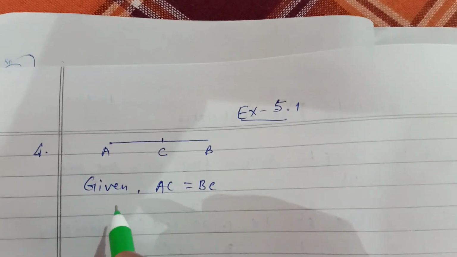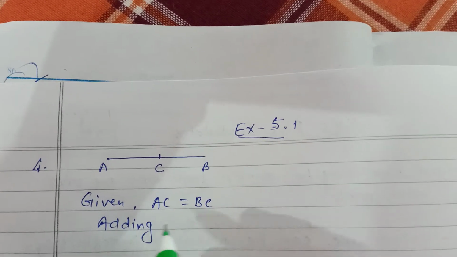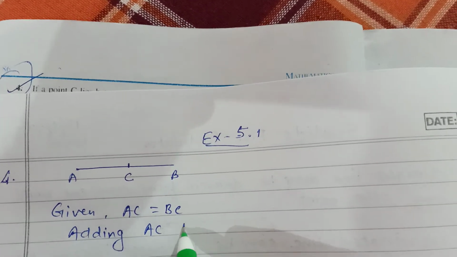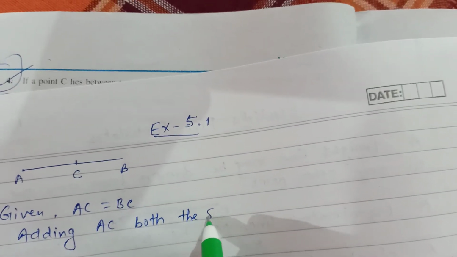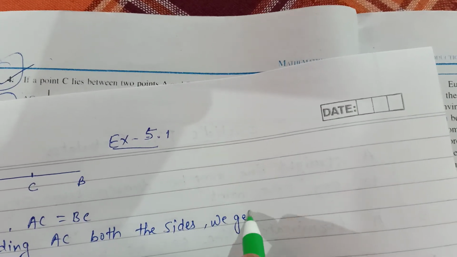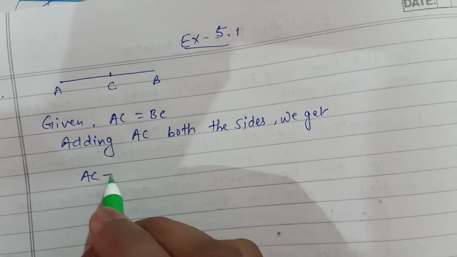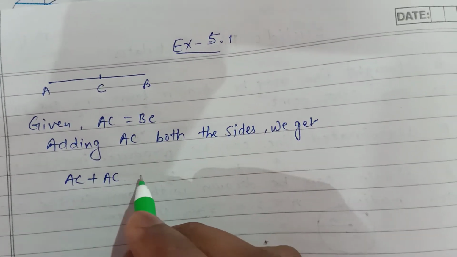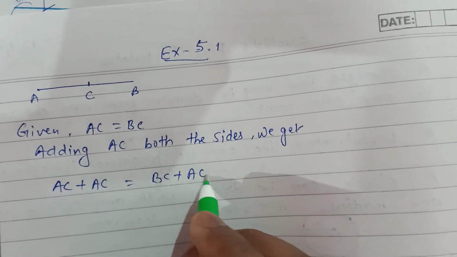Okay, so we add AC to both the sides. We get AC plus AC equals BC plus AC.